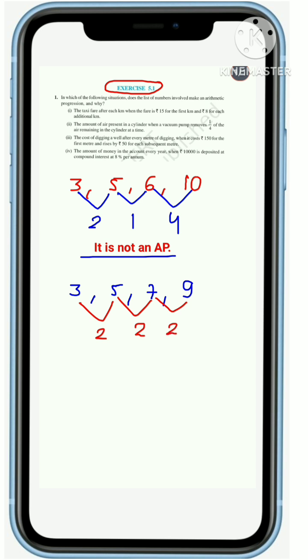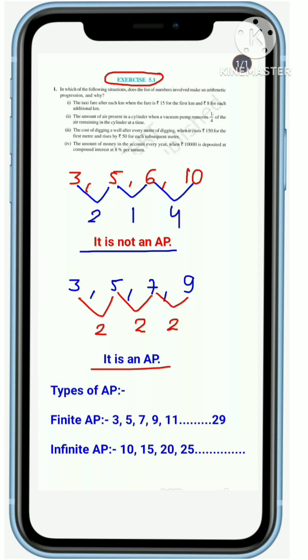Here we can see the difference between each of the term is same, so we can say it is an AP, right? So to form an AP, one important condition we should keep in mind त्यो के हो भने there must be common difference between each terms, or the difference between each terms must be constant or same, right?